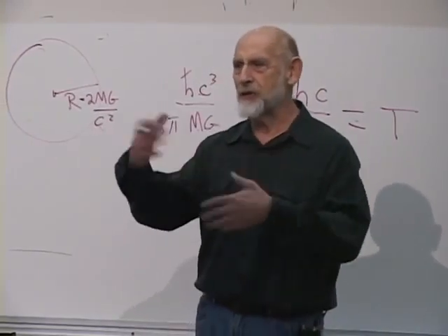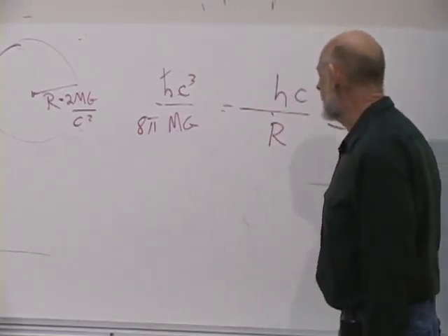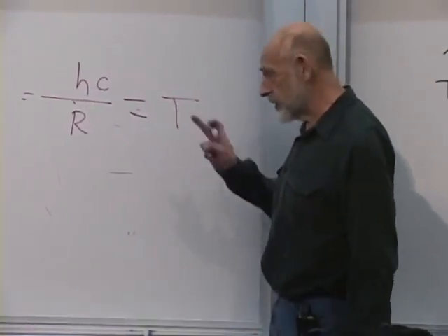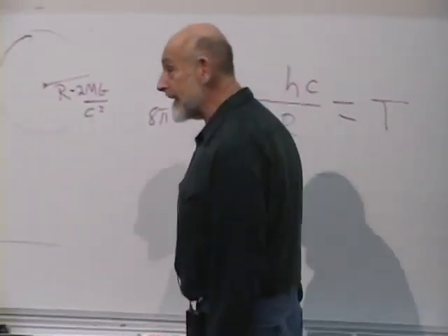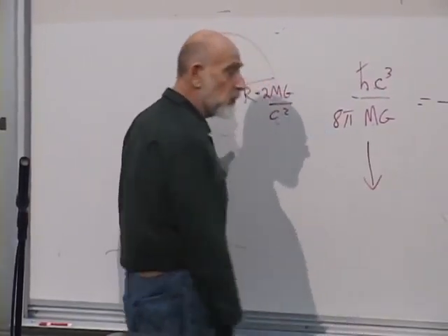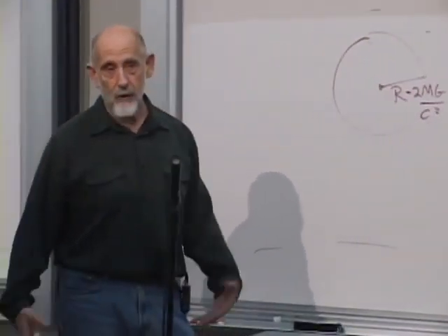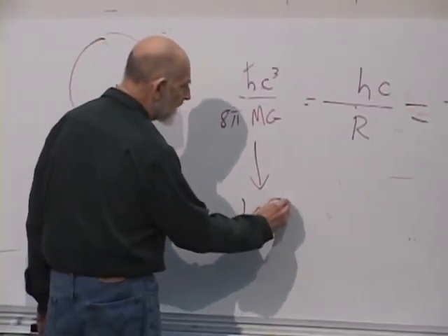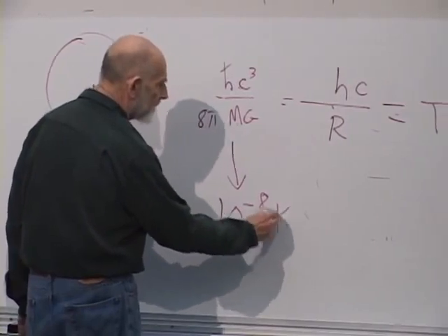So there's some competition of big numbers and small numbers, but the final answer is that this is a small number. But not that small. For a black hole of stellar mass, this is about 10 to the minus 8 Kelvin.